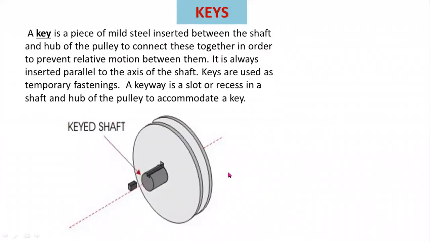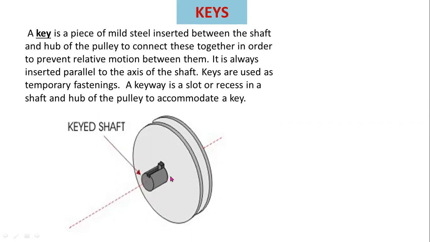First of all, you have to know the fundamentals about keys, and also the function of a key. So this one is a key. Here you can observe this one is a key, this one is a shaft, and this one is a hub or pulley.